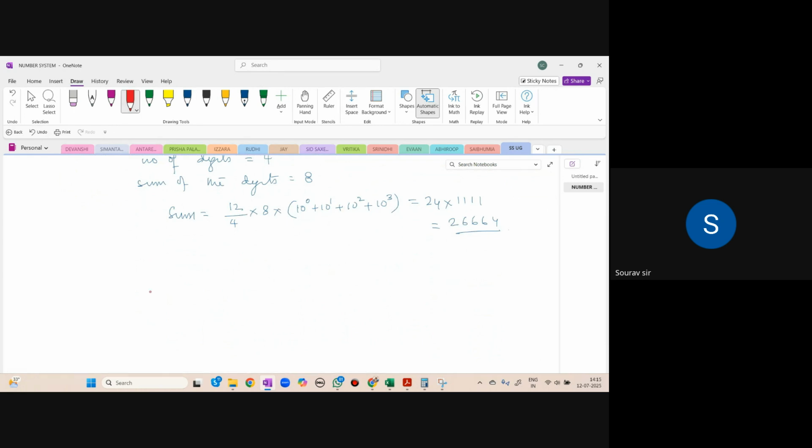Okay. Next type. Find the highest power of 3 in, sorry, 50C10.